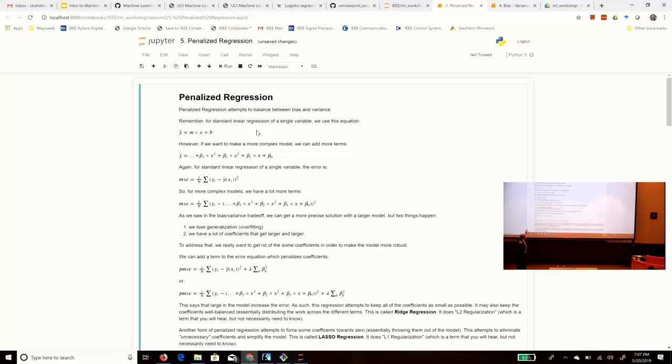If we take a look at the next line down, we can build as complex a linear model as we want. We can add as many coefficients as we want to that data. That looks terrible. However, even when you do that, you have the same kind of error function, which is simply the difference between the actual and the predicted.